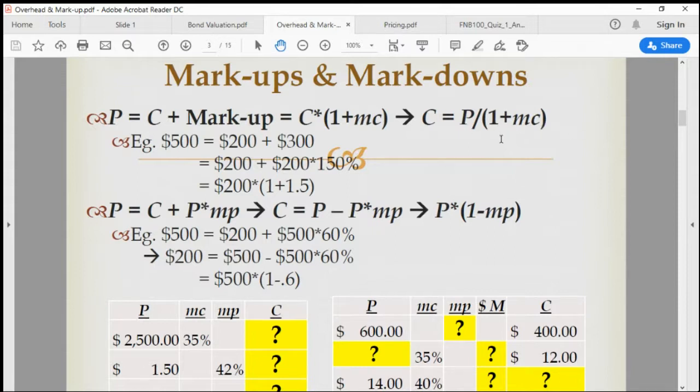But then the next question is, why would you do that? Why would you want to know that? Don't you know your cost already? Of course, if you are the manufacturer, if you are the seller, you would know your cost. But who wouldn't know the cost? Of course, the other parties.